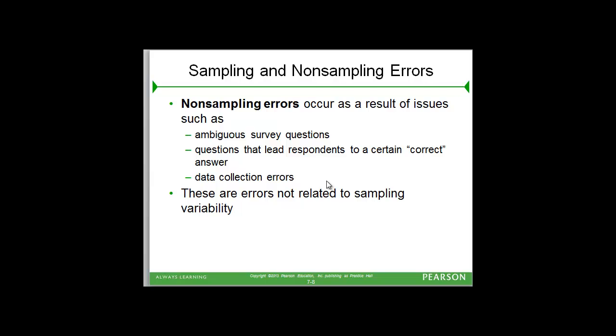So they are not related to sampling variability. Why should we know about this? Because we want to be clear about how accurately the result we get from the sample can be used to represent or verify the population.